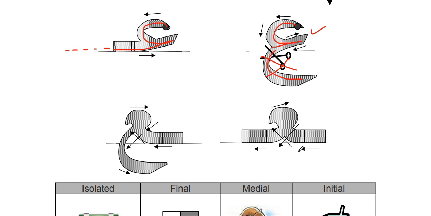And when the ayn is in the middle, it joins from both the sides, left and right. It is a connecting letter, and there is a tail on the right side and a tail on the left side when it is written in the middle of any word.